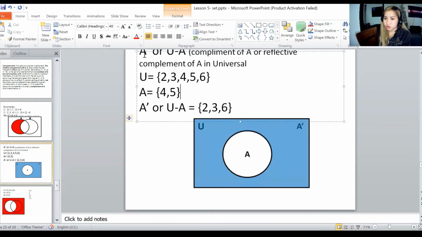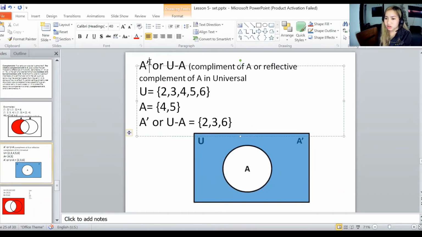Example po again, A or universal. Kapag nakakita kayo ng A tapos may apostrophe, ibe-base natin or ima-minus natin sa universal si A kasi wala siyang kapartner. So, complement of A or relative complement of A in universal.